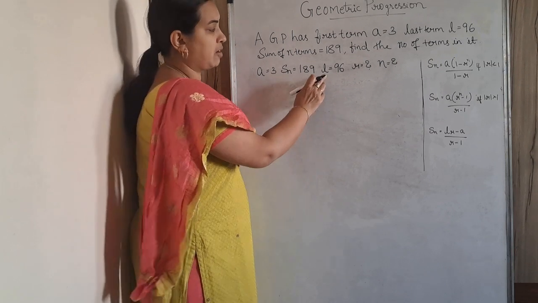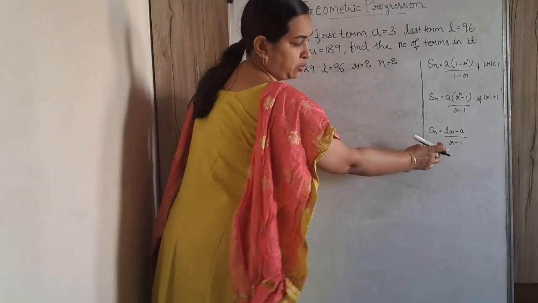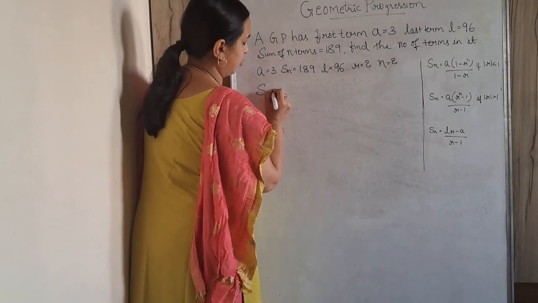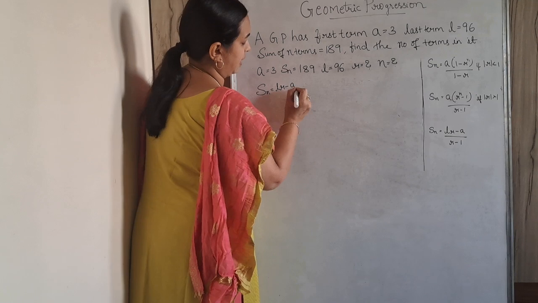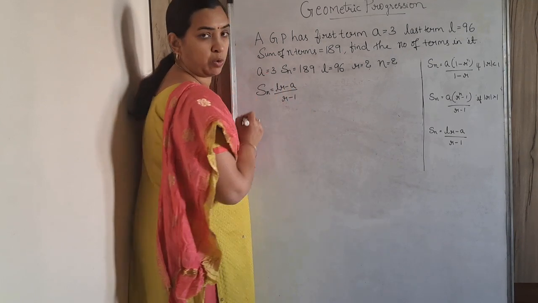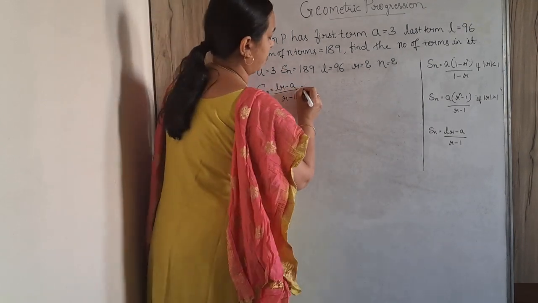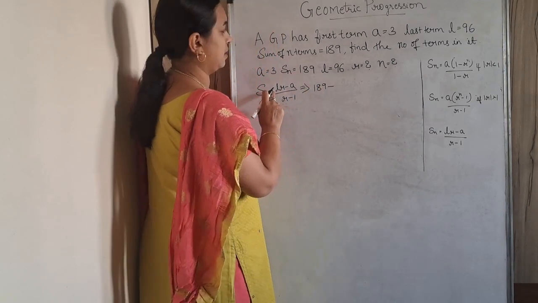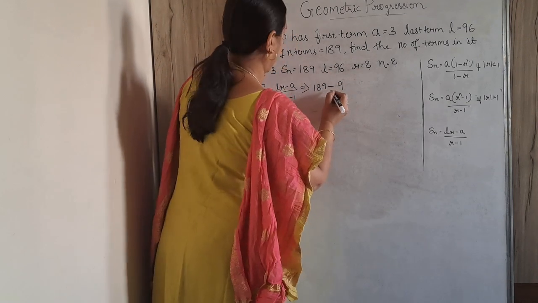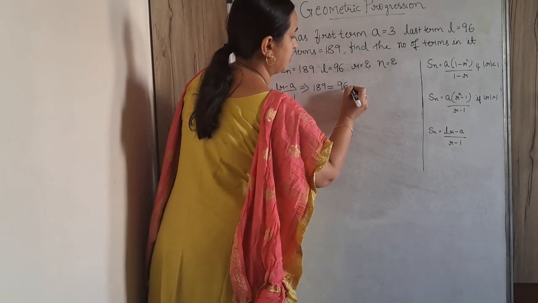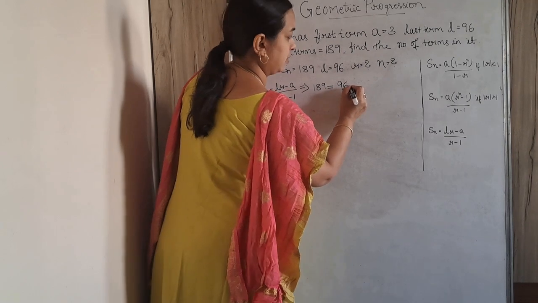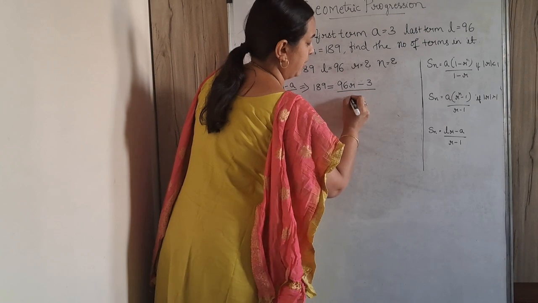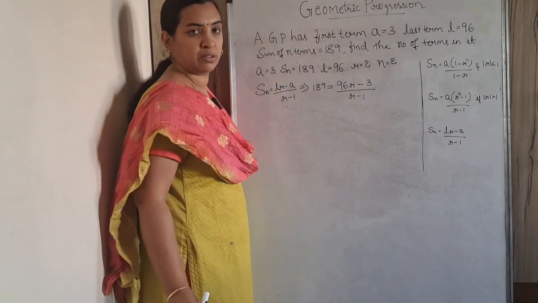Okay, since they have given the last term, we can use this formula here. So it will be Sn is equal to Lr minus A by r minus 1. So let us substitute the values. They have given Sn is 189 is equal to 96 R minus A is 3 divided by R minus 1.